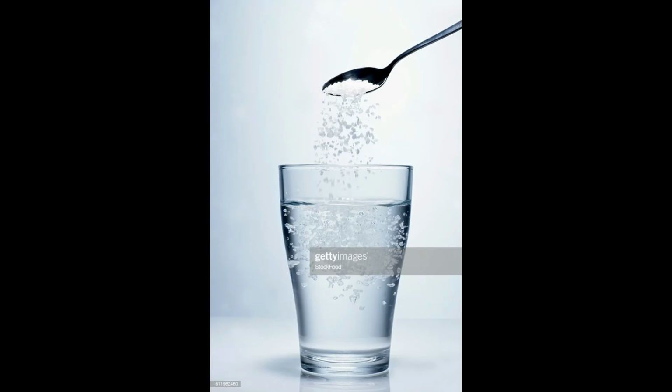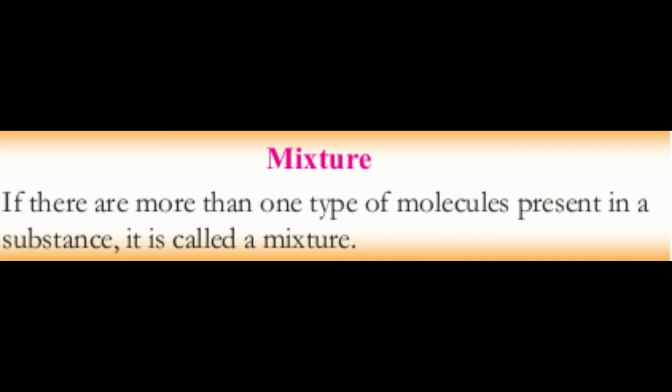So, we say that it is not a pure substance. It is called a mixture. What is meant by mixture? Yes. If there is more than one type of molecule present in a substance, it is called a mixture.